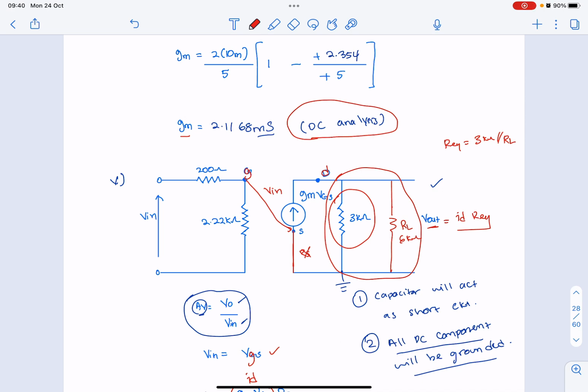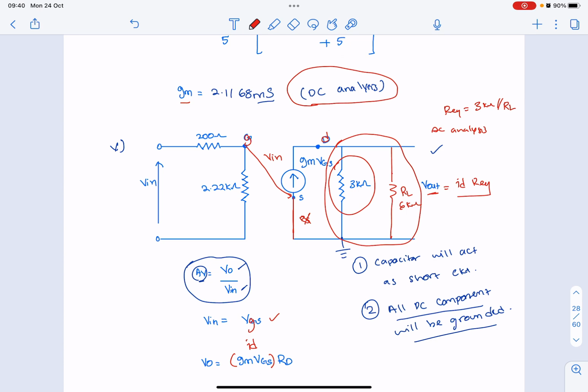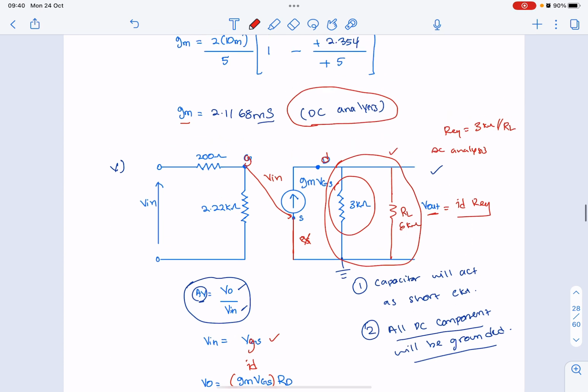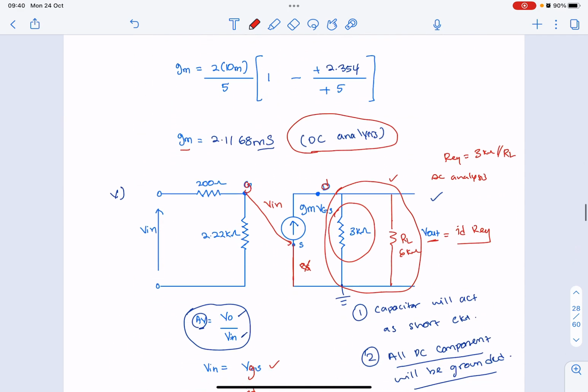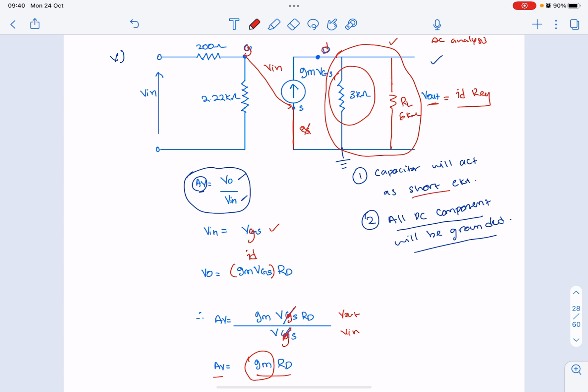Next, you need to solve the AC analysis, where you need to convert the original circuit into this equivalent circuit. The rule in converting the original circuit into the equivalent circuit is all capacitors will be short circuit and all the DC components, or those connected with the DC supply, will be grounded.